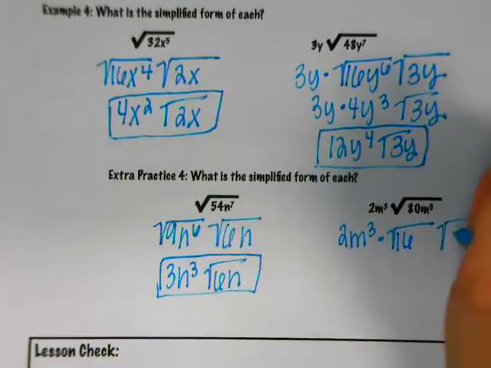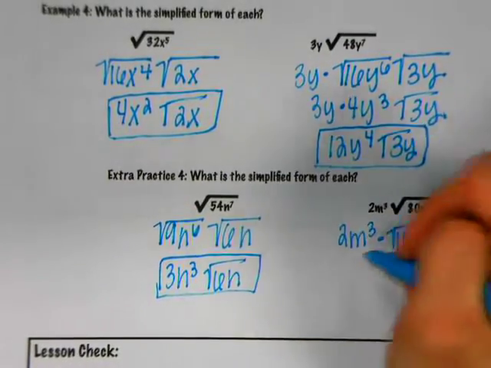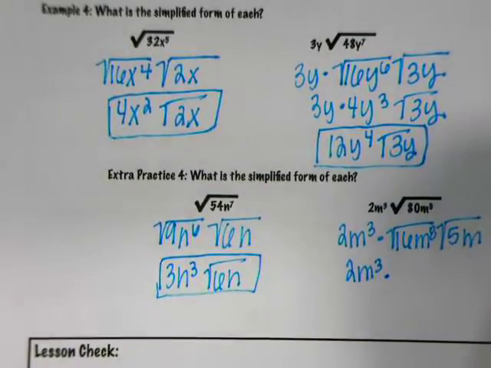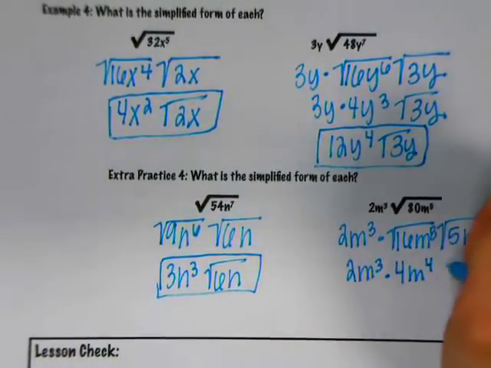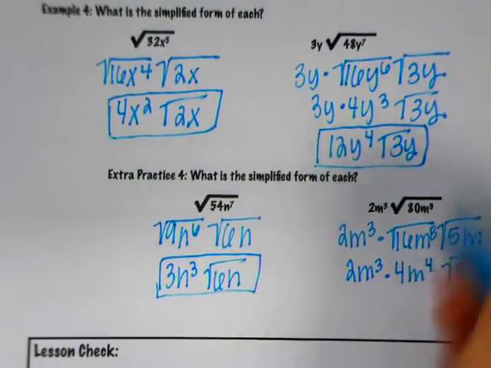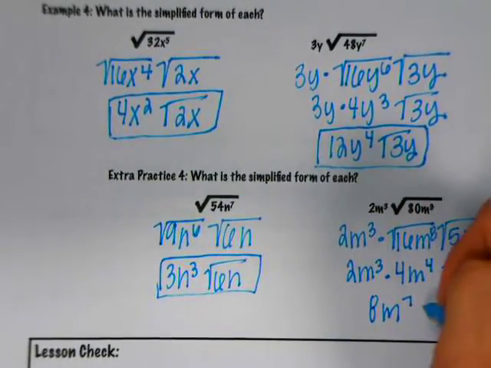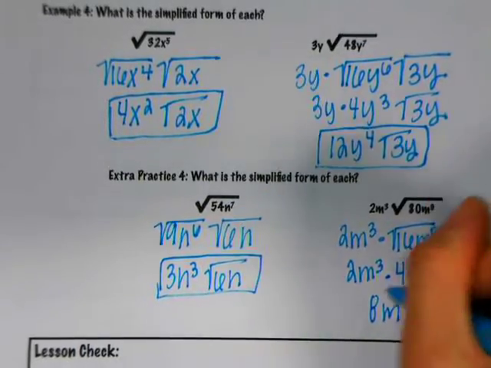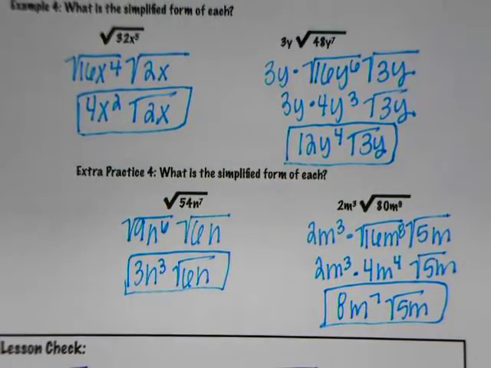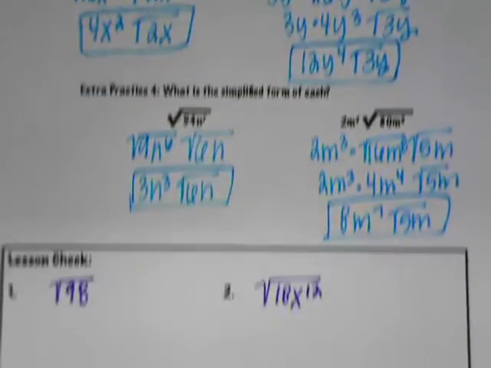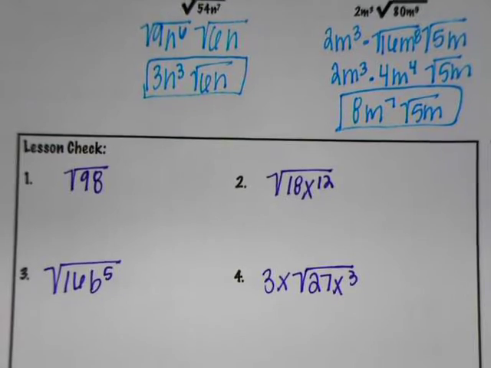Yep, 16 times 5, m to the 8th. Okay, what's the square root of 16m to the 8th? Yeah, 4m to the 4th. And then that's going to be 8m to the 7th, radical 5m. Good? Any questions? Okay, good. All right, here's your lesson check.